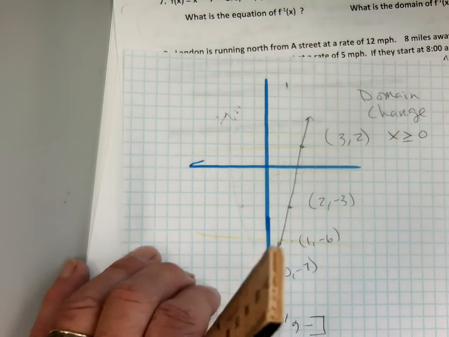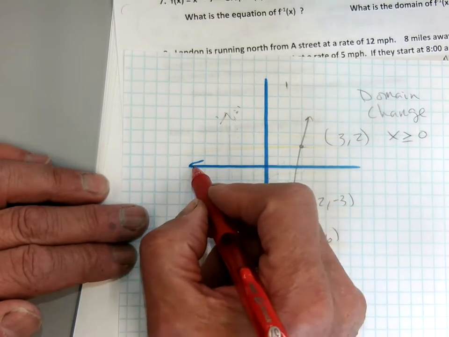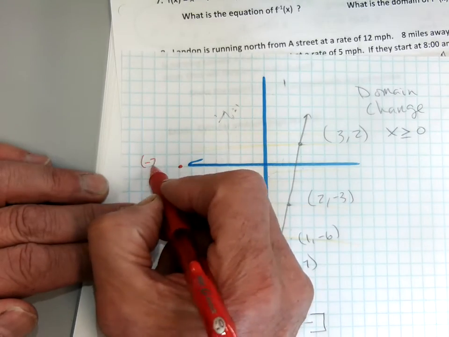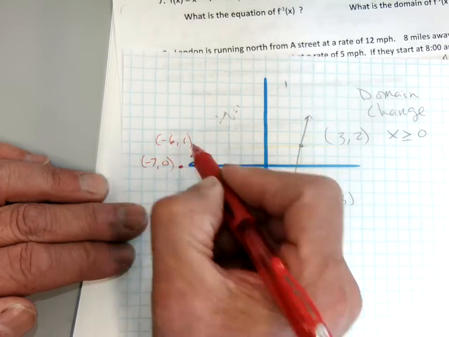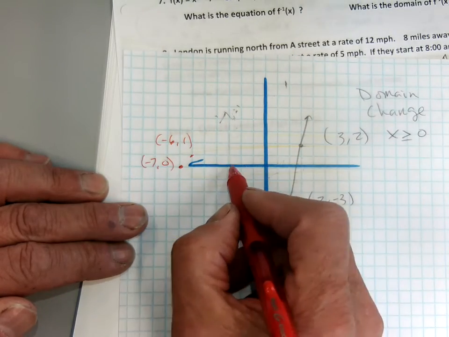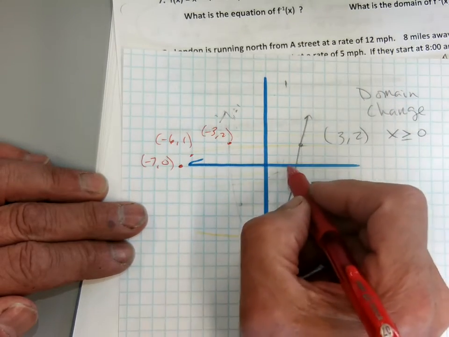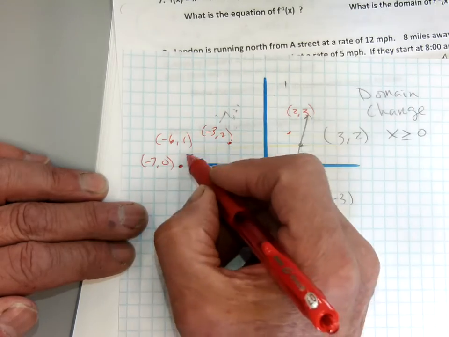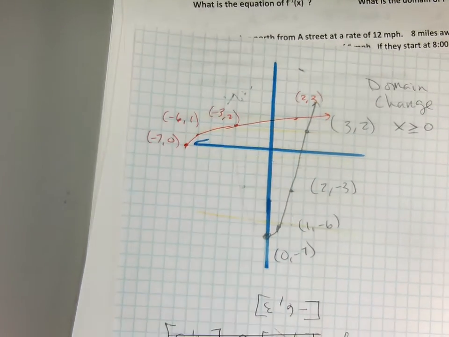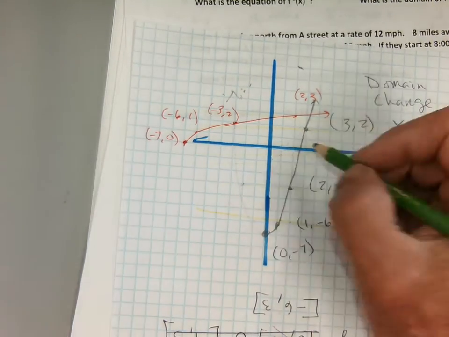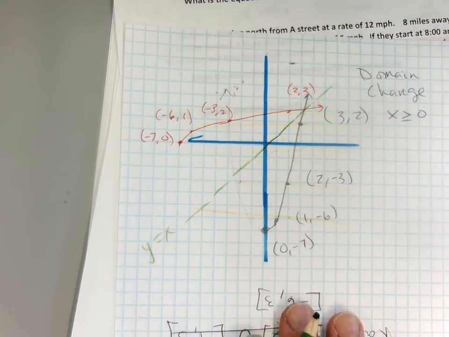Then my inverse would have points at (-7, 0), (-6, 1), (-3, 2), and (2, 3). And I can graph in my inverse, which is a reflection over the line y equals x.